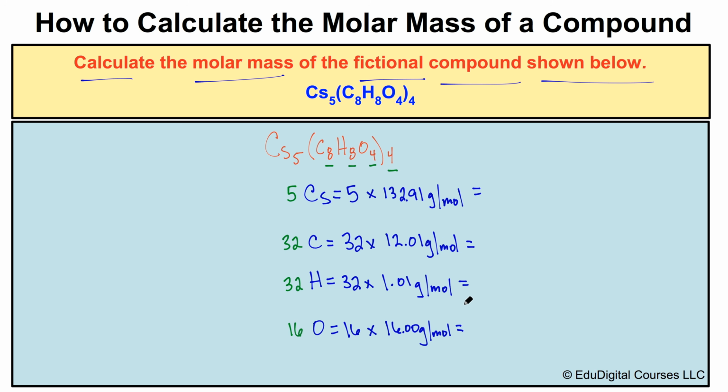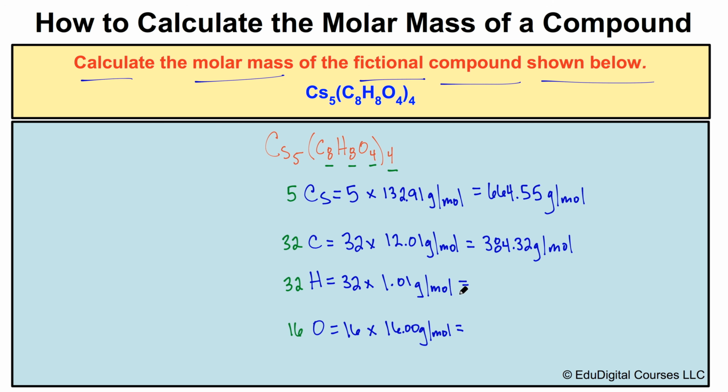So now we take a calculator out and we take 5 times 132.91, and we're going to end up with 664.55 grams per mole. When we take 32 times 12.01, we're going to end up with 384.32 grams per mole here for carbon.